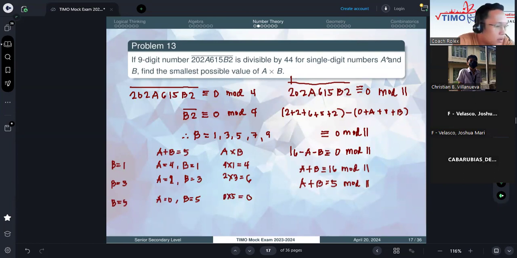We cannot have B equal to 7, since the sum is 5, so we do not have a value for that. We cannot allow a negative number for A and B. So among these three, the smallest possible value of A times B is 0.